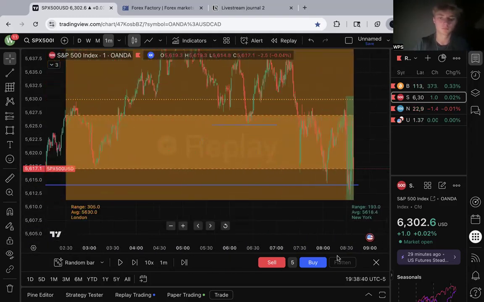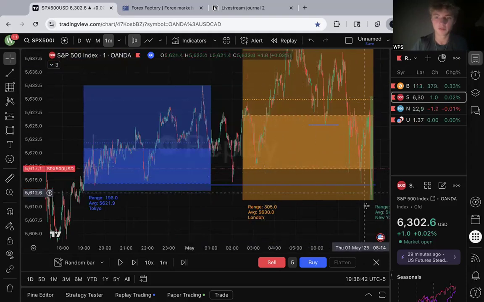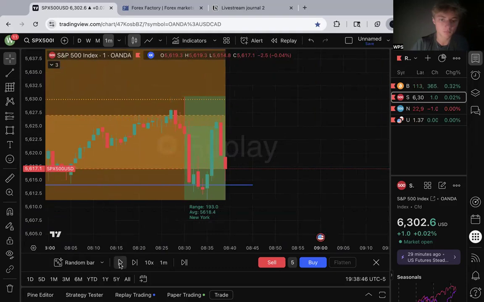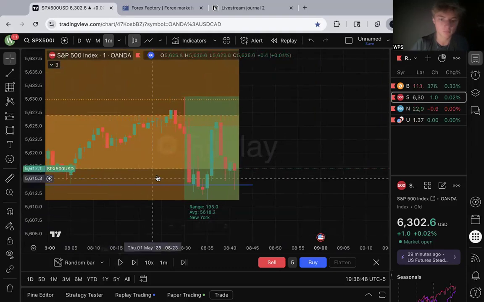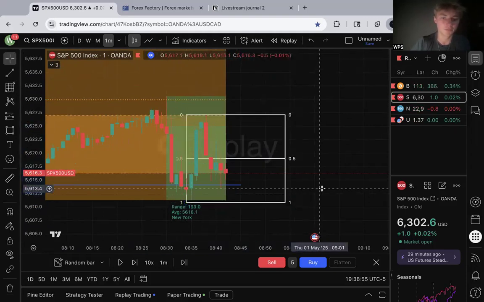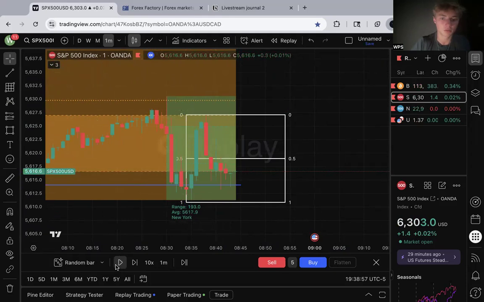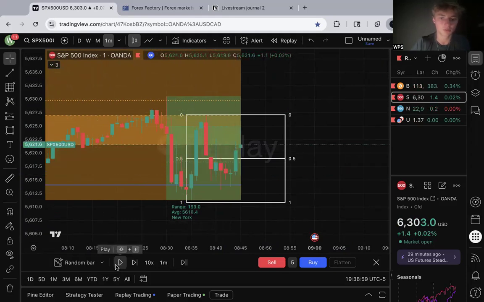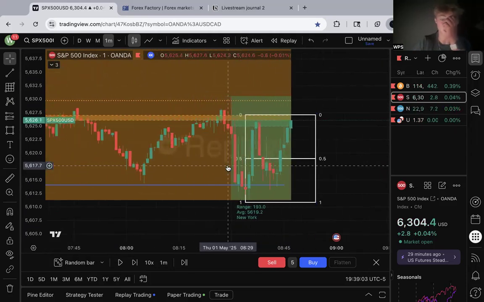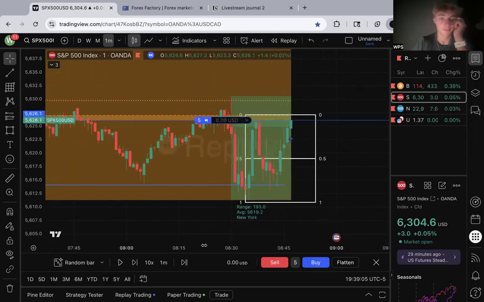So this low's been swept. Retracement time, which price has come into here. Okay, price has broken structure to the upside, so I think that's a buy.